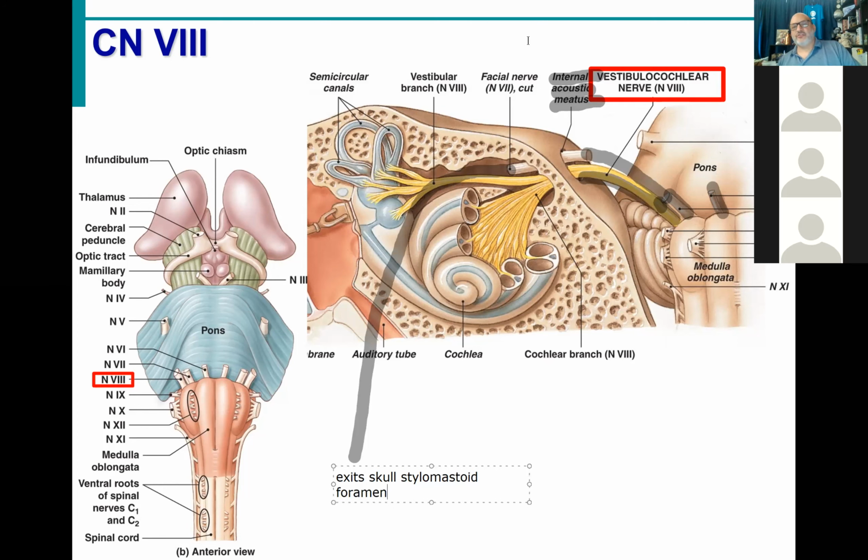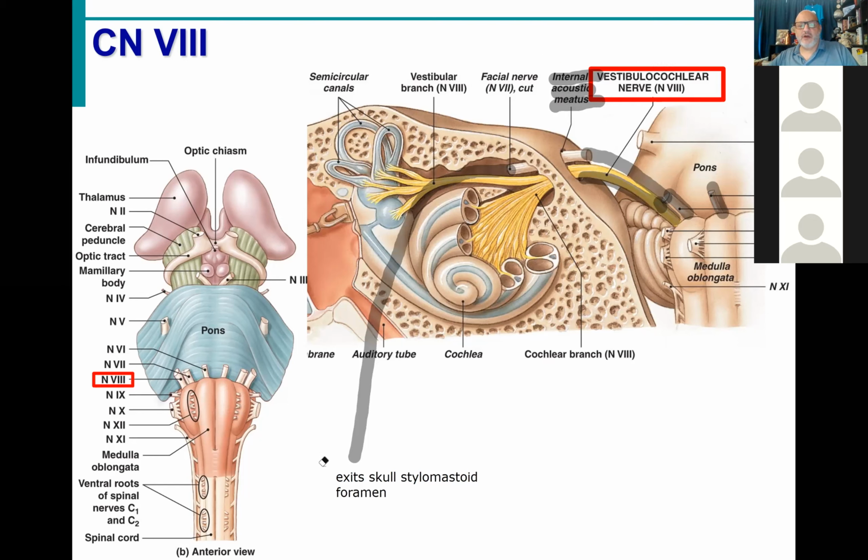But it actually enters the skull through the internal acoustic meatus. Now, is where it enters the skull one of the questions you are responsible for on the exam? No. So all we care about is where it exits the skull.